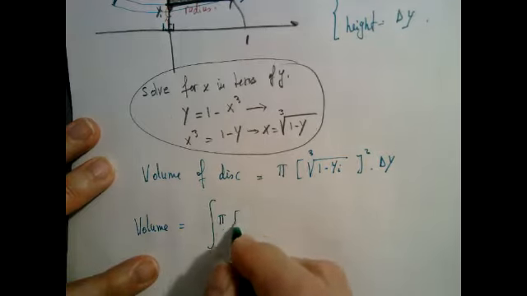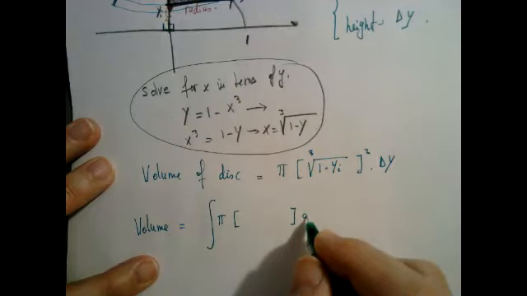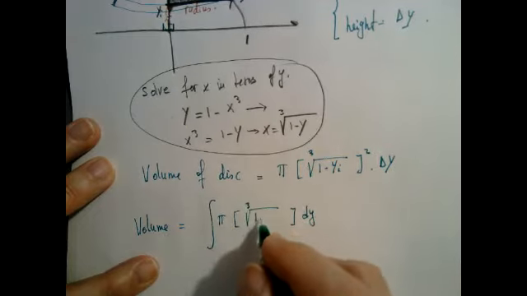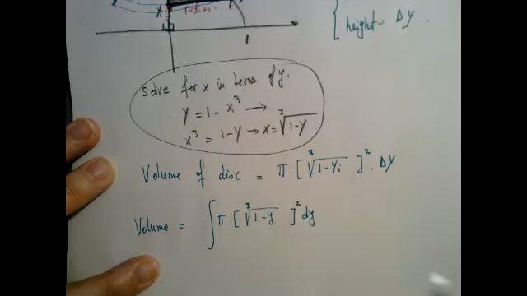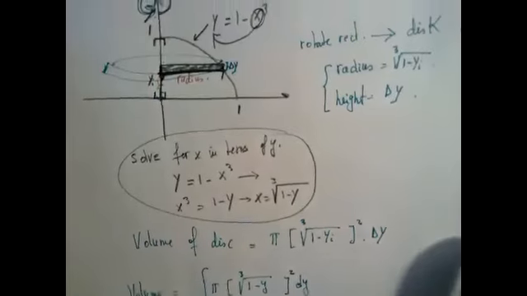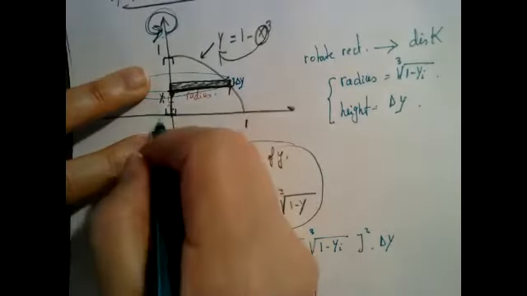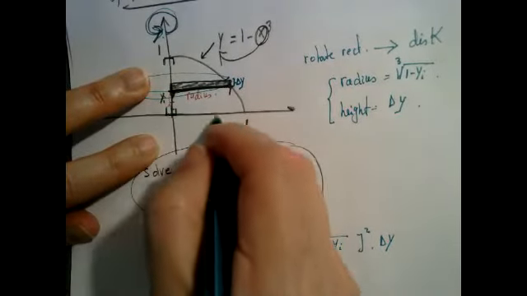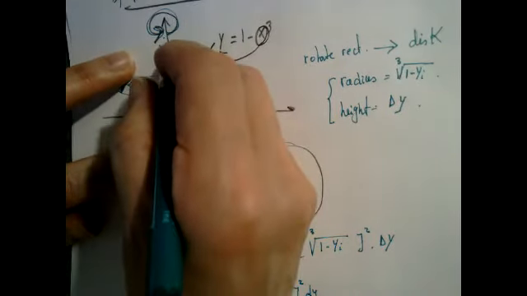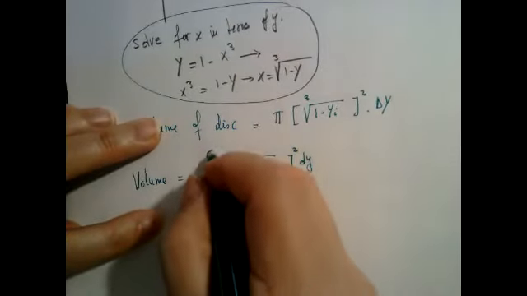It means the sum basically of the little disks. That's my dy. And that's the cubic root of 1 minus y, squared. And then of course, we're going to simplify the whole thing, but now we're setting it up. And my boundary, to cover the region with those rectangles that I'm going to rotate each one of them, I have to divide the interval from 0 to 1 as well. So from 0 to 1.